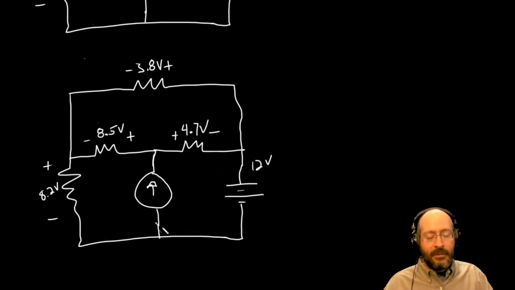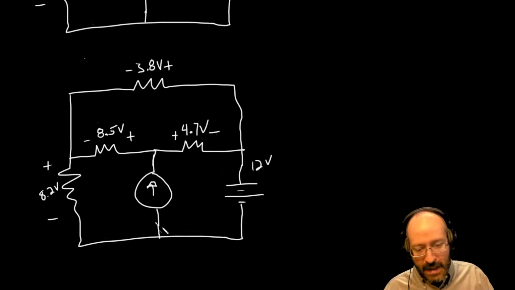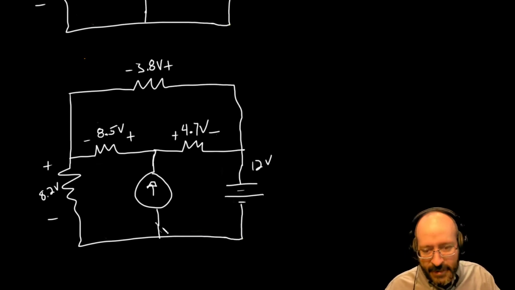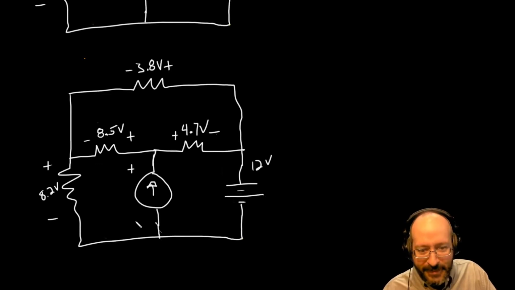This would be another case where I'd probably ask you in class, do you want positive on top or positive on bottom? Maybe we should work it both ways. Let's work it both ways. So let's go plus or minus there.